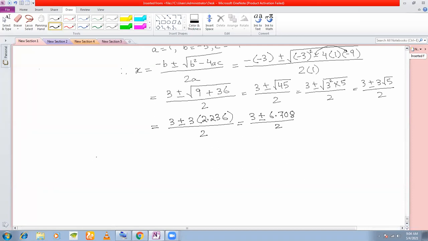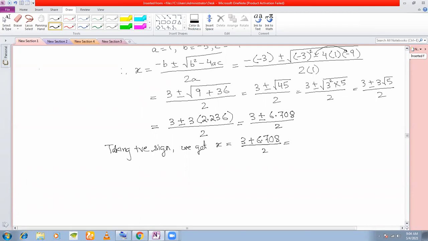Now you take the positive sign, find out one root. Three plus 6.708 divided by 2.